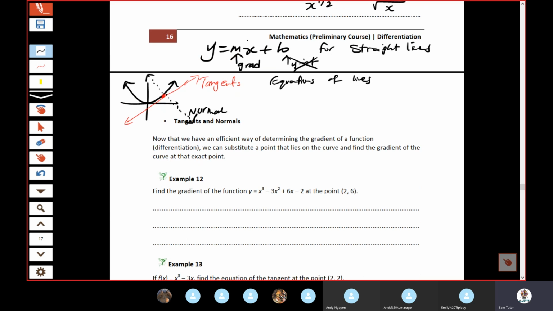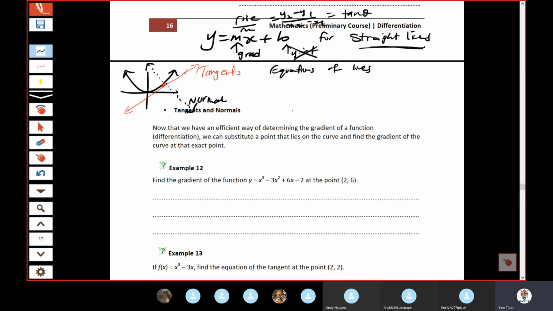Go ahead and find the gradient as rise over run, and then maybe you might have done another one called y2 minus y1 over x2 minus x1, where you subtract your two y values over your two x values. There could have been another one where you found that the gradient is also equal to tan theta. That's all great, but that all works only because you're doing it for straight lines.